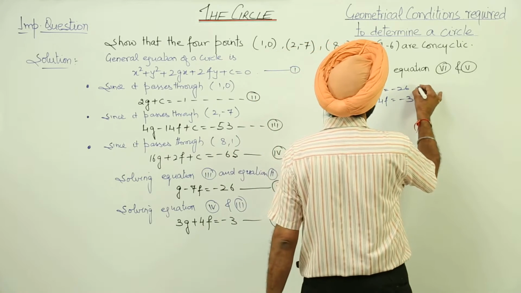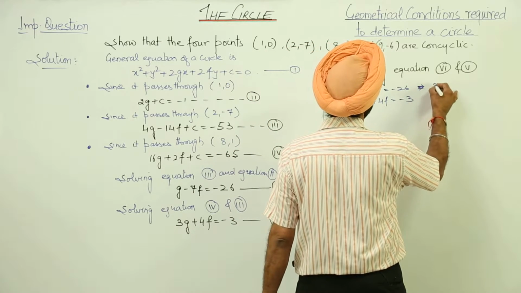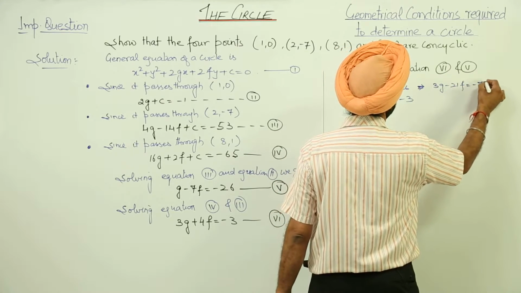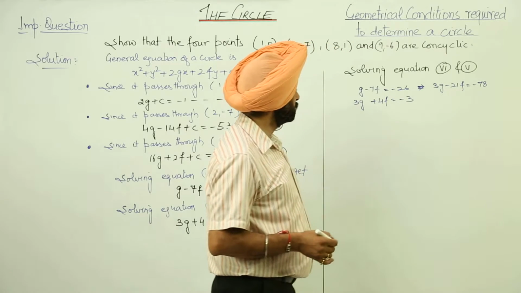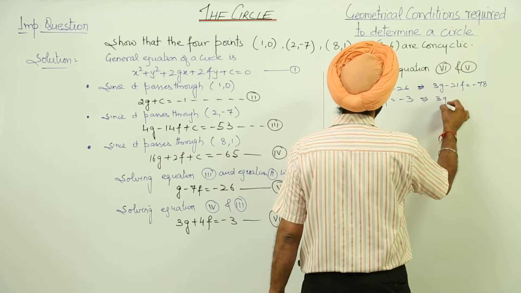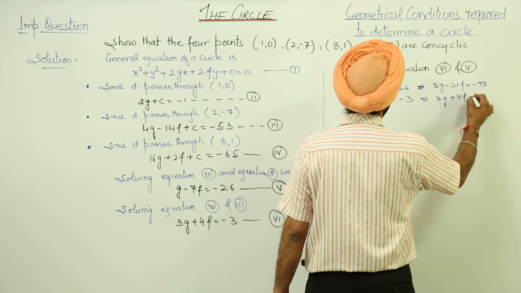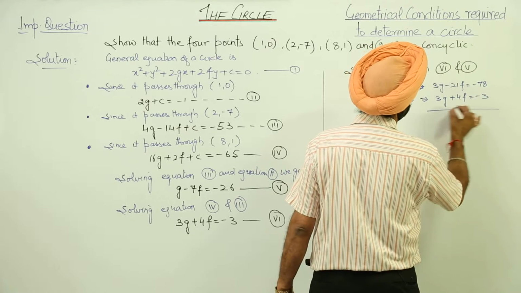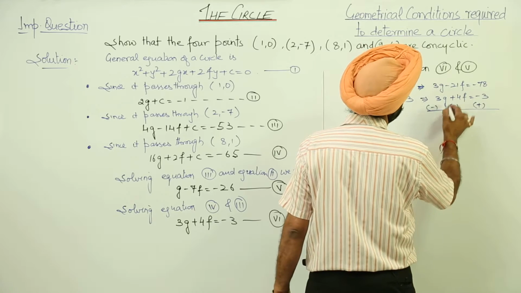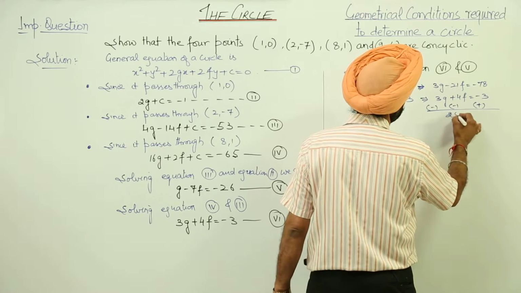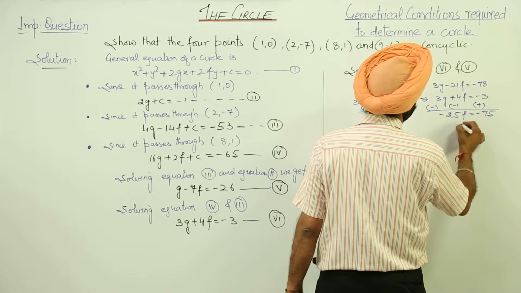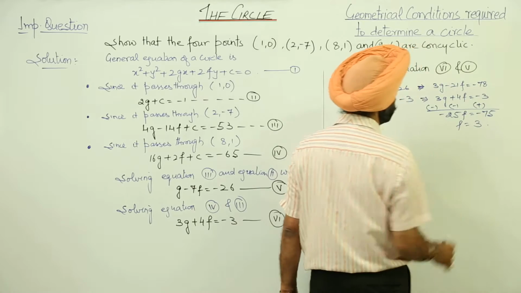So this becomes 3g negative of 21f is equal to negative of 78, multiplying by 3, and this becomes 3g plus 4f negative of 3. Just changing the signs, what are we getting? These cancel. Negative of 25f is equal to negative of 75, f is equal to 3.